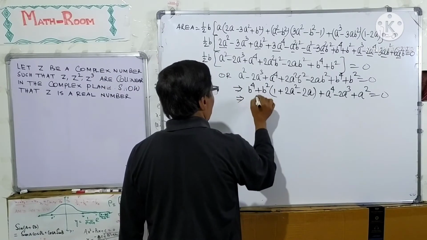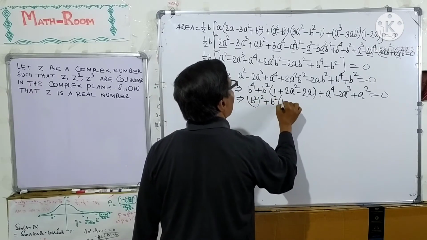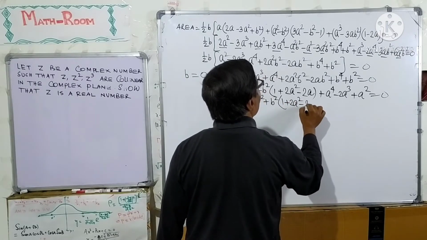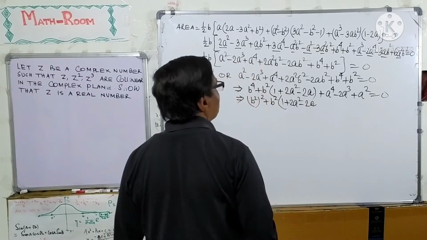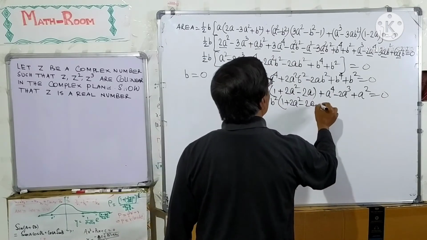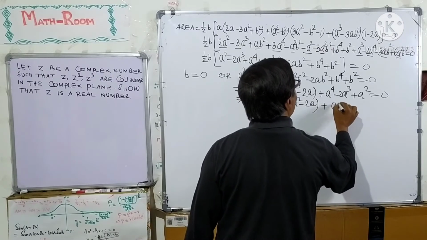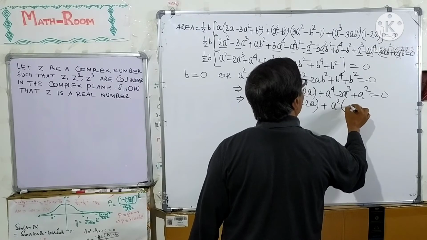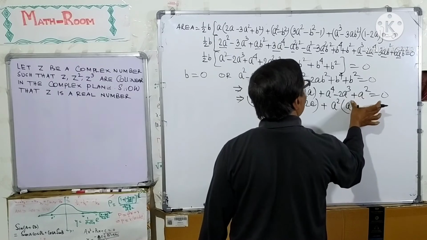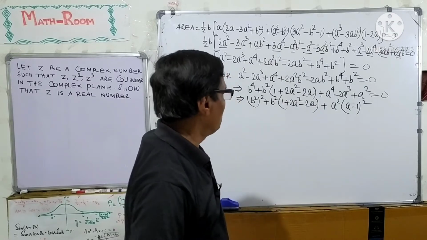So, we can also write b to the 4 plus b square into 1 plus 2a square minus 2a plus a square into a square minus a minus 1 whole square, a square into a minus 1 whole square equal to 0.